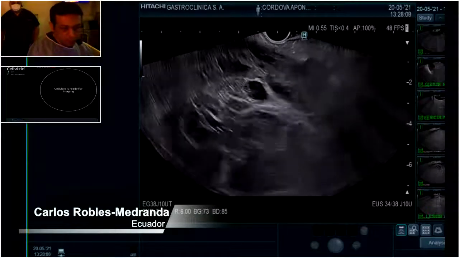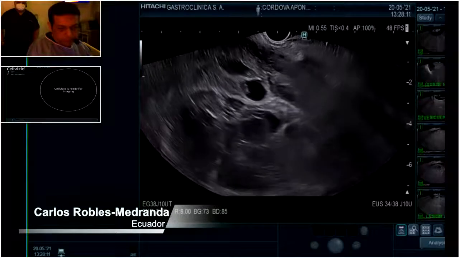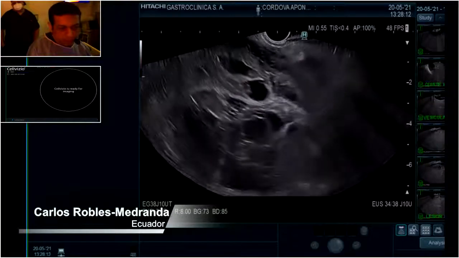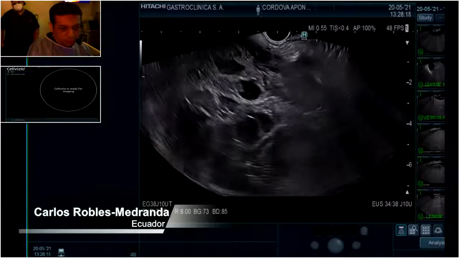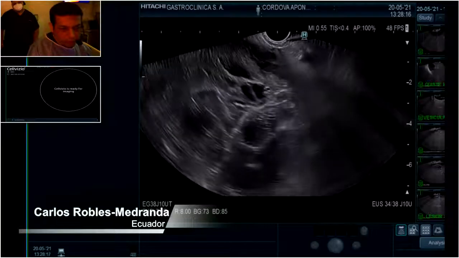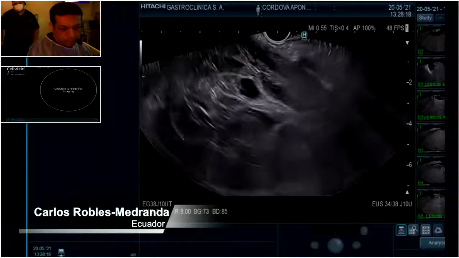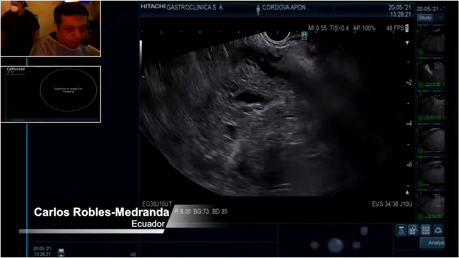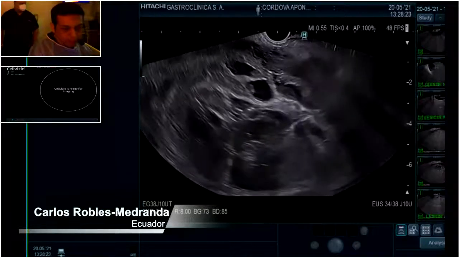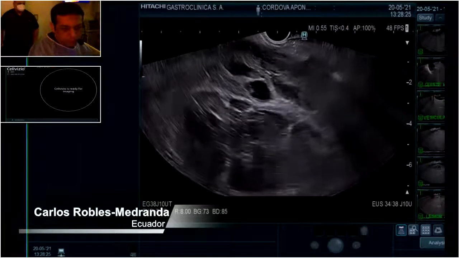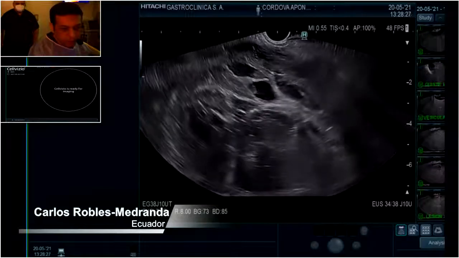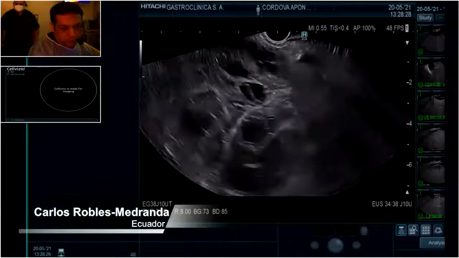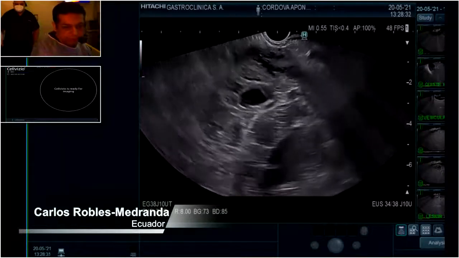So I propose for today to evaluate this lesion using confocal endomicroscopy through the needle, and then to take some biopsies using the Moray biopsy forceps.